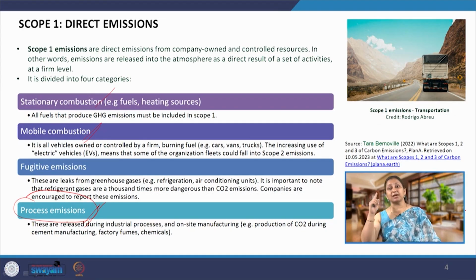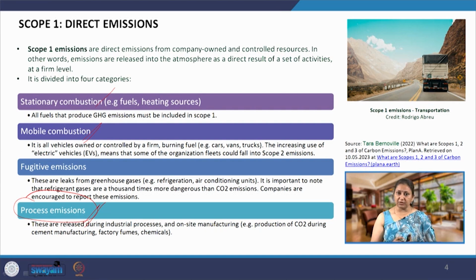In that case, the electricity is being purchased from somewhere, and the use of electricity is not causing any direct emissions at our facility, but where the electricity is being produced, there some emissions are happening, and that we will consider in scope 2, the indirect emissions. But direct emissions will happen only when this fleet of transportation is running on conventional fuel.